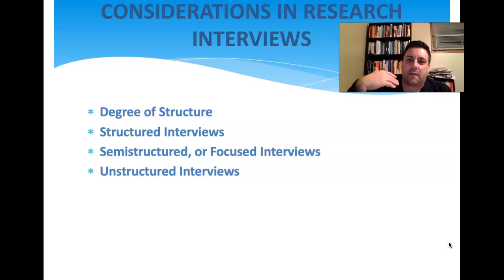So there's typically a level of structure to the interviews. They're structured, semi-structured, or completely unstructured. If they're structured, there's a set list of questions, and nothing else is really asked. If they're unstructured, there's sort of no questions, maybe one to get the interview started.